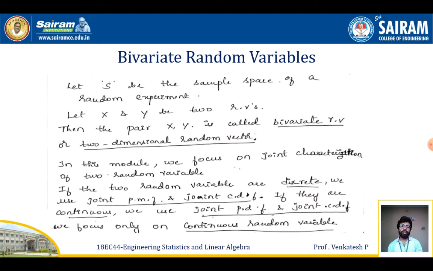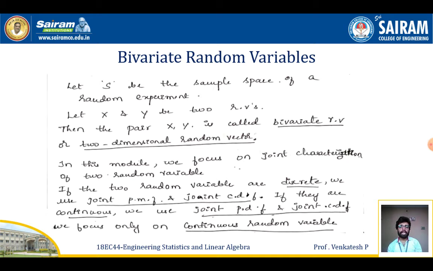In this module, we focus on joint characterization of two random variables. If the two random variables are discrete, I am going to use the joint PMF, the probability mass function, and also the joint CDF, the joint cumulative distribution function. For discrete random variables, we use only the joint PMF as well as the joint CDF.